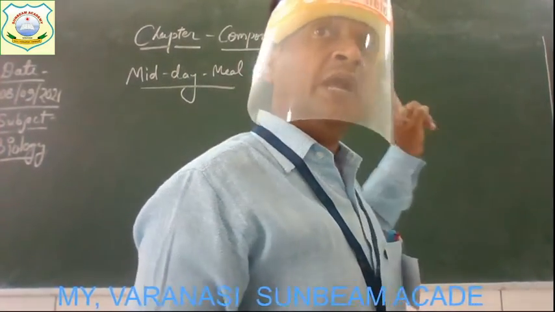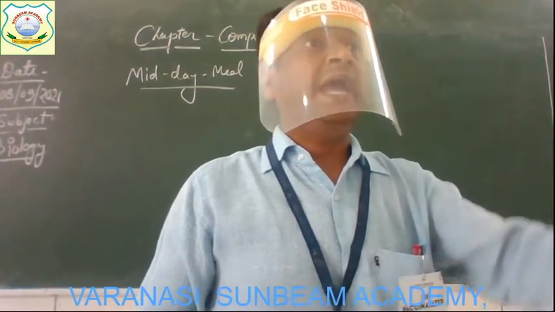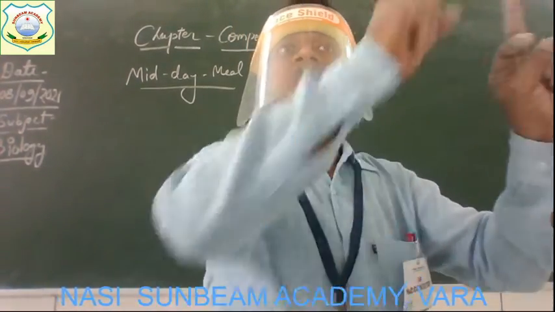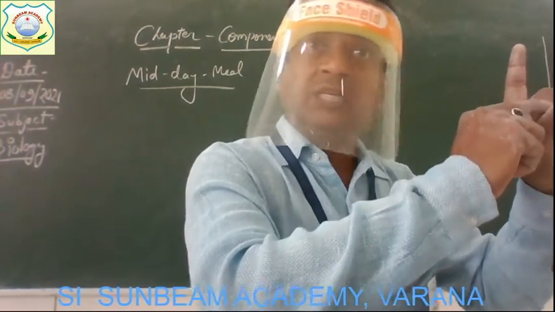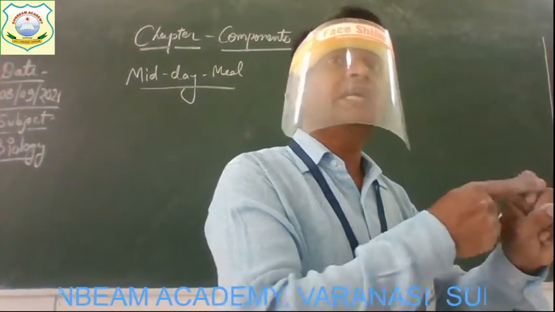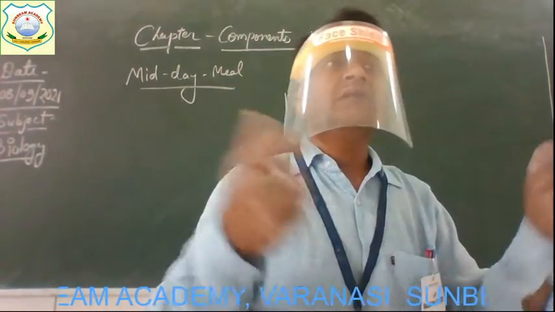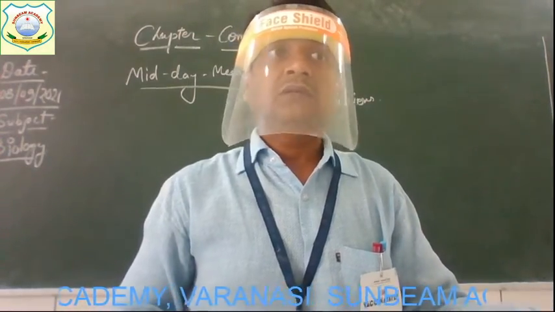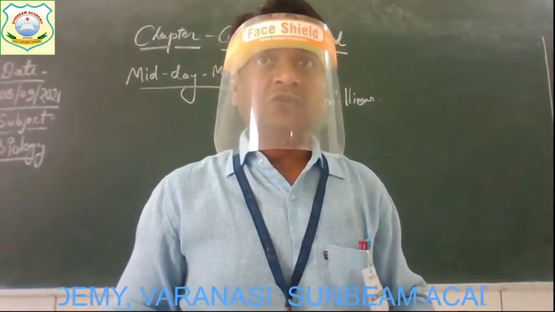Yes, about 120 million. And the two basic objectives of this scheme are to provide nutritious food to the children, to protect them from diseases, and the second objective, for improving the attendance in the school. Understood about it?